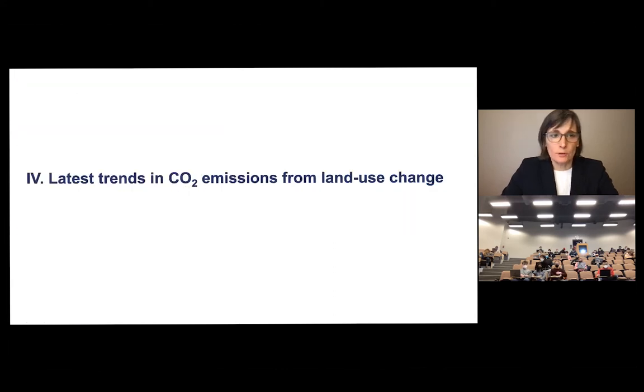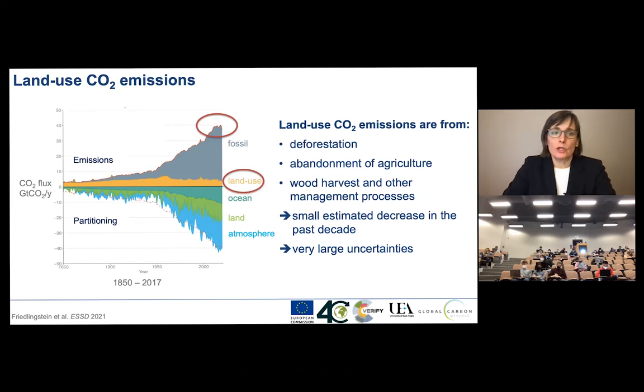Okay, part 4. Two parts left in my presentation. Part 4 is very short, about the land use change emissions. Those of you who have very sharp eyes might have noticed at the top here that the total emissions from land use change and from fossil emissions have been relatively stable in the past decade.